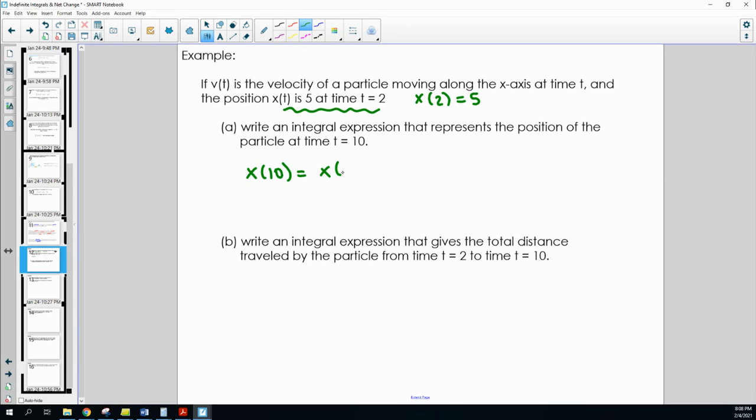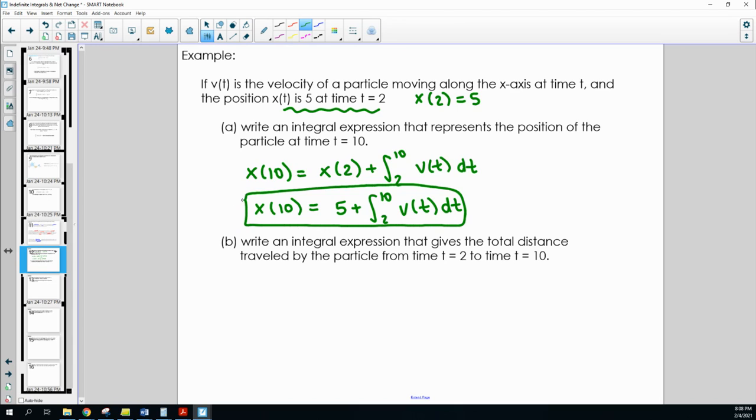So that's where I'm starting from. That's my initial position. So x of 2 plus the integral from 2, because that's where we're starting, to where we're going, which is 10, of v of t dt. Since I know x of 2 is equal to 5, I'm just going to substitute that in. So the position at 10 is going to equal 5 plus the integral from 2 to 10 of v of t dt.